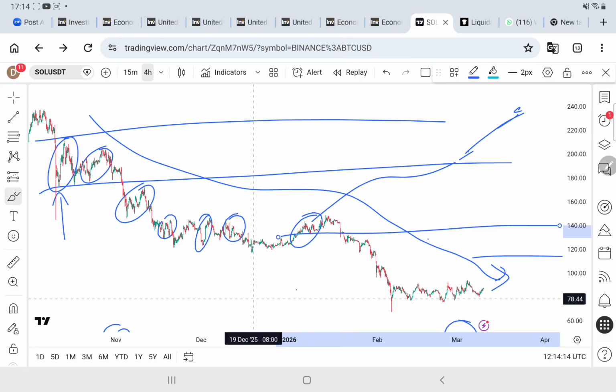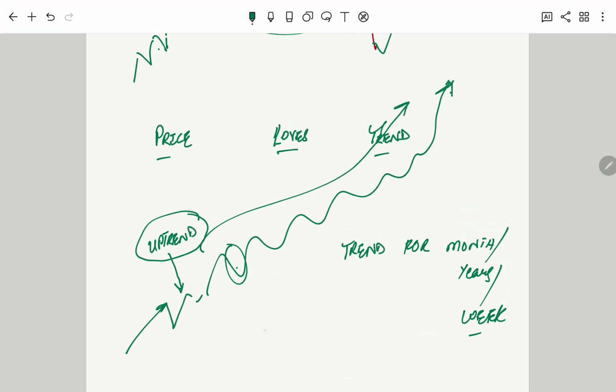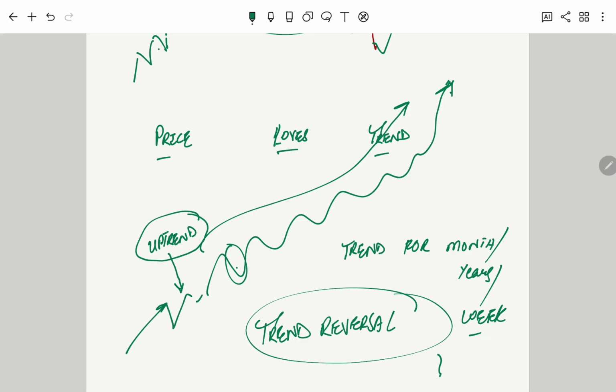You always respect the trend because price loves the trend. Currently, it's downtrend, so the price will keep bleeding unless there is a trend reversal. Okay, guys? Unless there is a trend reversal, the price will continue to bleed.